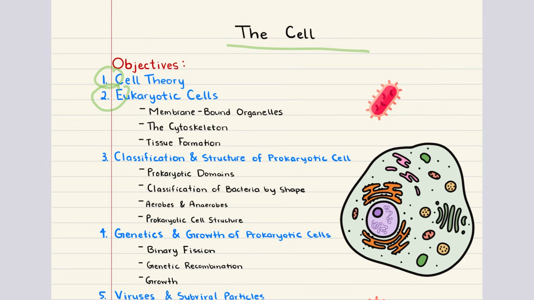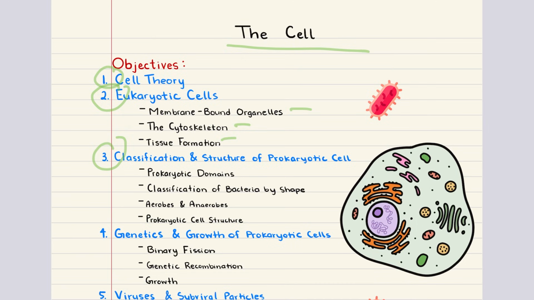We're going to look at their internal structures, like their membrane-bound organelles, and we're going to discuss how the cytoskeleton helps maintain their shape and organize their contents. We're also going to talk about how eukaryotic cells come together to form tissues. After that, we'll turn our attention to prokaryotic cells.